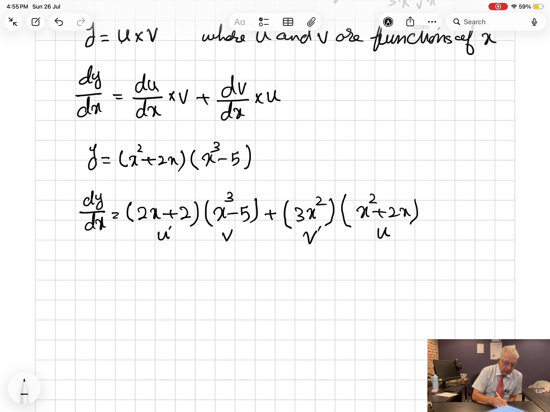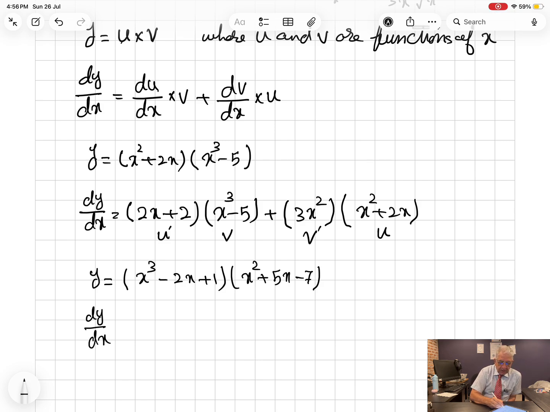Suppose I have y equal to x cubed minus 2x plus 1 times x squared plus 5x minus 7. If I want to find the derivative of this function, dy by dx, it says that first differentiate this one, which is 3x squared minus 2.